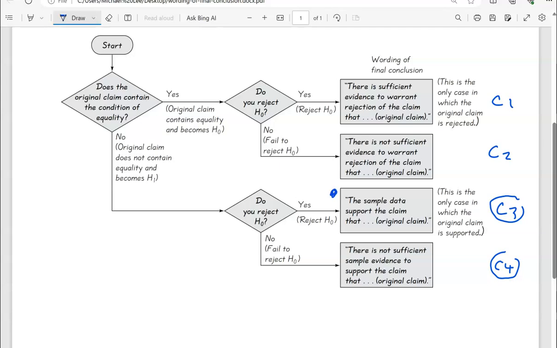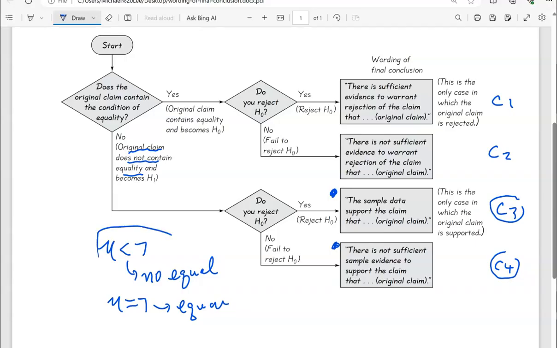You're going to pick either this box or this box. Why do I go there? Because the original claim does not contain equality. See, mu is less than 7, no equal. If mu is 7, then this is equal, but it is no equal. So that's why we have to go here. Then it's going to be either this one or case 4.